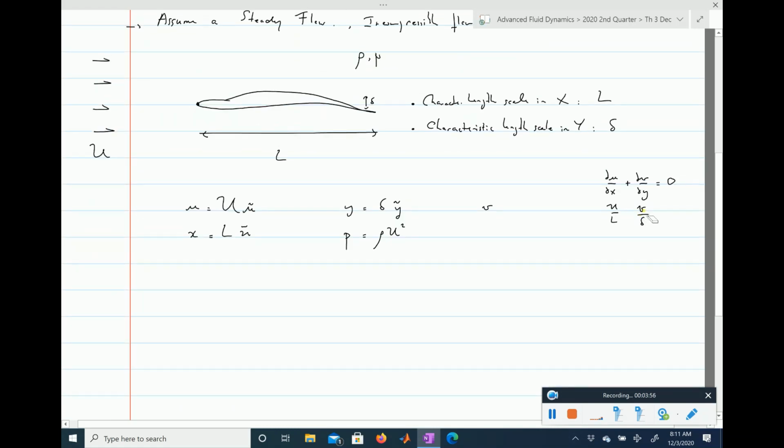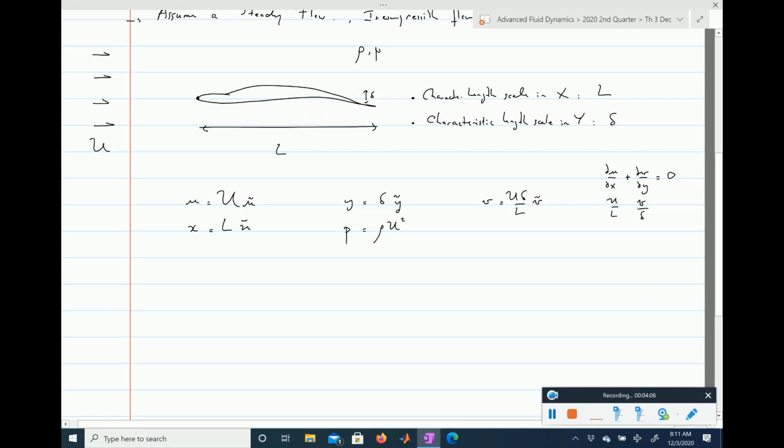And so from this, you can deduce that our velocity scale in the y direction is going to be U times delta divided by L. So we can write that: U times delta divided by L. This is going to be our characteristic velocity scale for v, the velocity in the y direction.